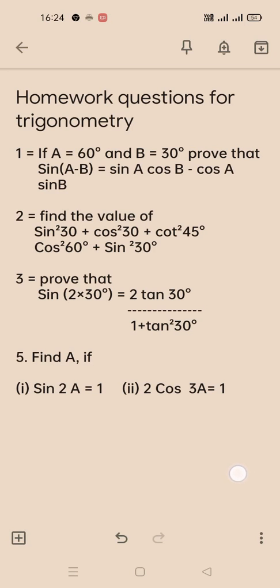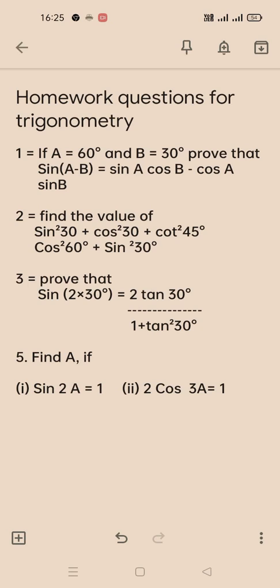These are some homework questions. Okay, so take the screenshot rapidly. Take the screenshot of it. These are some homework questions for you all guys. You have to do them. Very easy. They are very easy. If you know the trigonometry table, remember the trigonometric table and make sure you have to draw it with your hands.